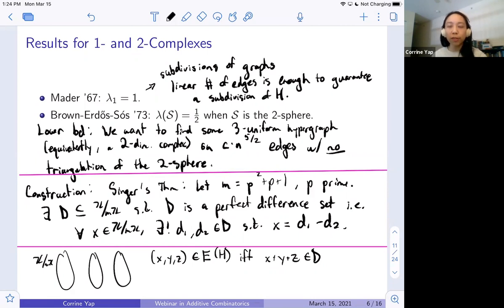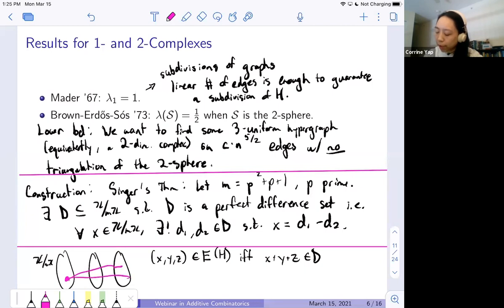And what you can show is that now you can just use properties of triangulations of the two-sphere. So for instance, we know that in any triangulation of the two-sphere, if we looked at the graph induced on the neighbors of any vertex, then in order for this to be a triangulation, that graph has to be in the form of a cycle.